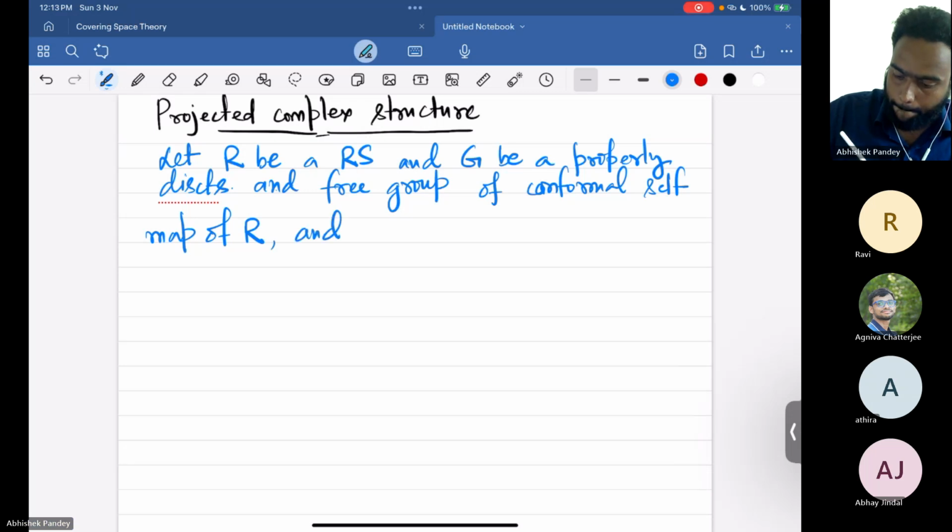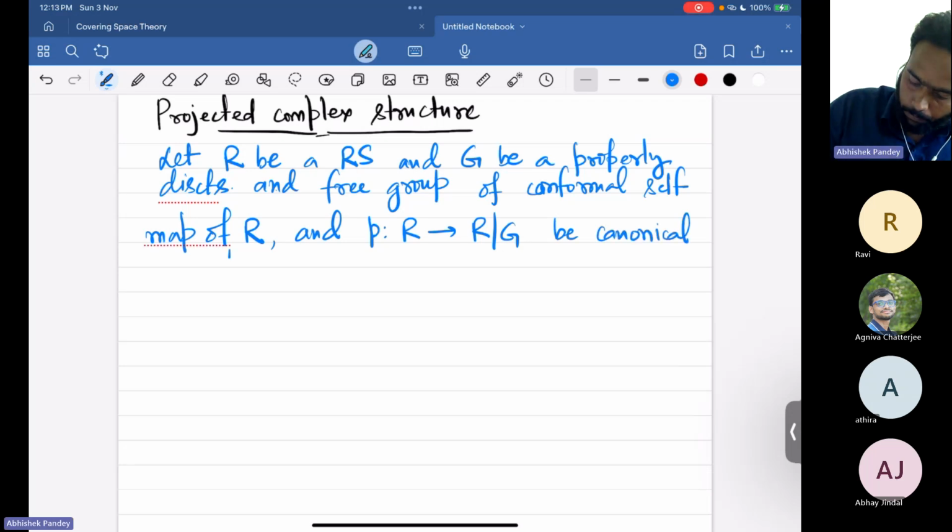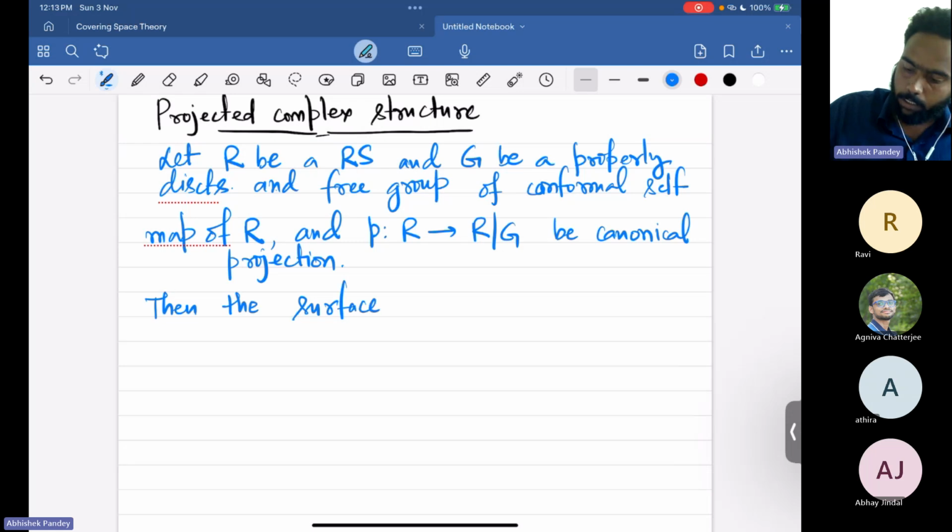And let this be the canonical projection. Okay. So then the surface. Again recall that since G is acting on R properly discontinuously and freely, this R by G will have a surface structure. Okay.